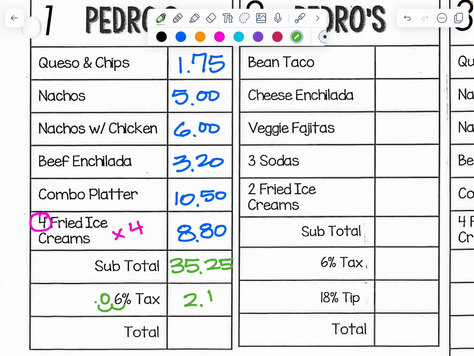So you would get $2.12 for a grand total of, I'm going to put my dollar sign on here, $37.37. Look at that. Oh, that sounds delicious.